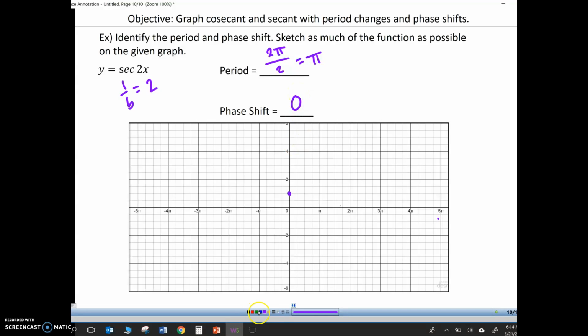So really, for each piece, you have a period of pi over 2, right? So this is going to be like your max, and then you're going to have a period of pi over 2 for your min. You take your period, you're going to split it in half. So that leaves us with about pi fourths on each side for my maximum. So if this is pi, again, this is going to be about pi fourths.